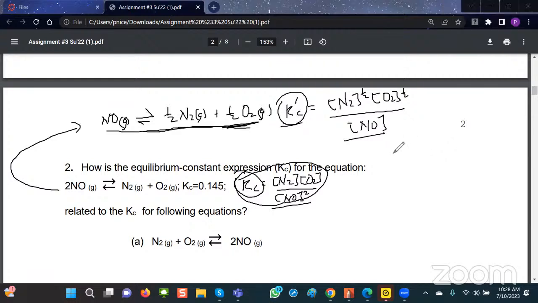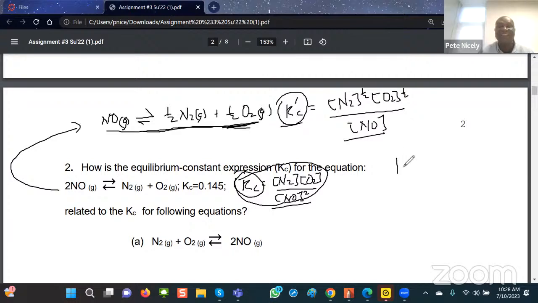Kc is equal to Kc prime squared. Exactly. Kc will be equal to Kc prime squared. The reason we can say that is that another way of writing this would be the concentration of N2 times the concentration of O2 divided by the concentration of NO squared, all raised to the half power.